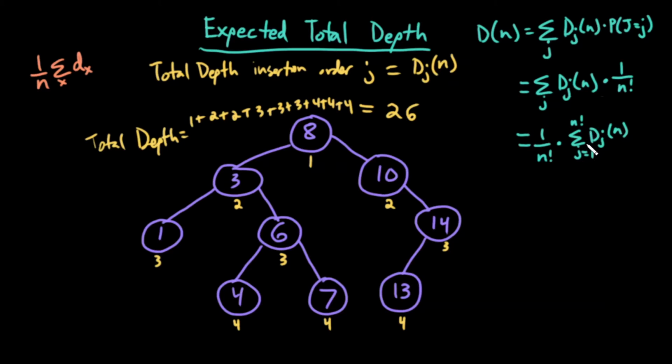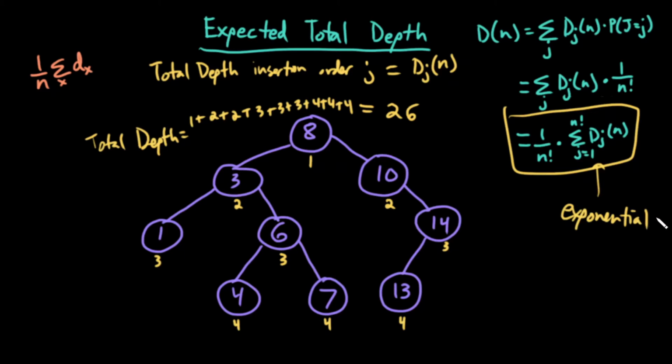Do I actually have to enumerate all possible n factorial insertion orders and compute the total depth of every single one? Or can I do something to rethink this and maybe make my computation a little more efficient? So just to recap, this is what I want, but this sum is exponential. That seems too big. So can I do something faster to figure out this sum?